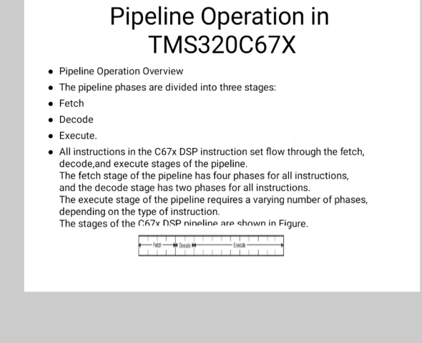Then the fetch operation consists of 4 phases and the decode operation has 2 phases for all C6X processors. But the execute operation of the fixed point processor has 5 phases, whereas it is 10 phases for the floating point processor.